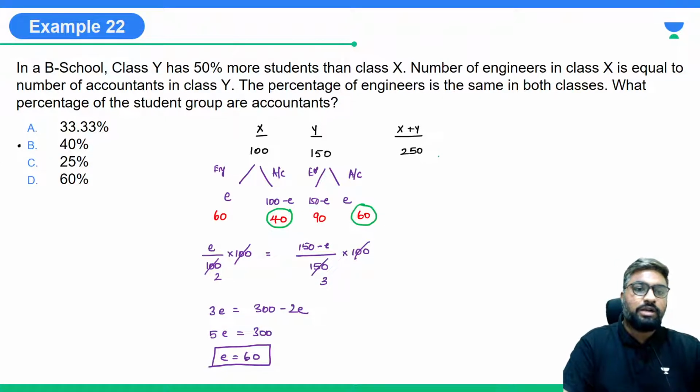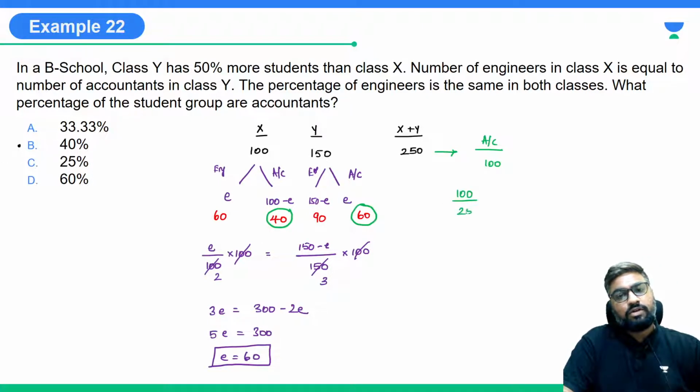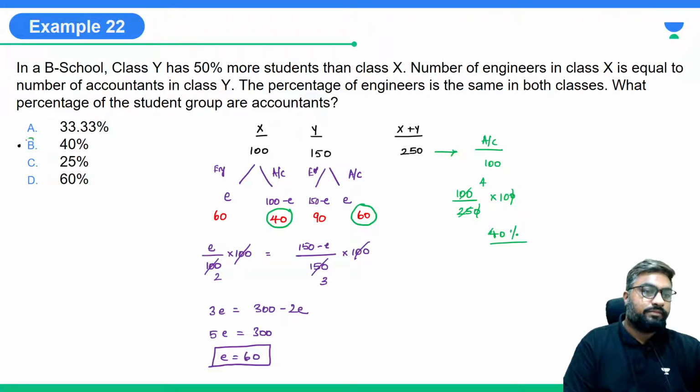So total accountants out of 250, total accountants are how many? 100. 40 and 60, 100. Yes. So 100 is what percentage of 250 they are asking? 40%. Great. Yes.